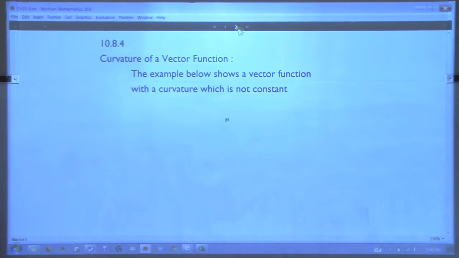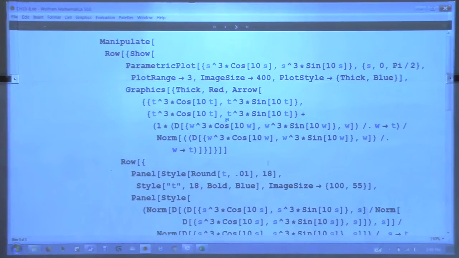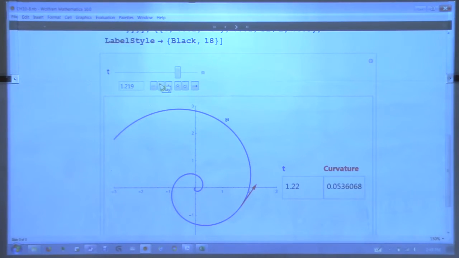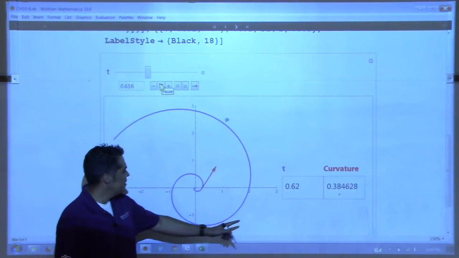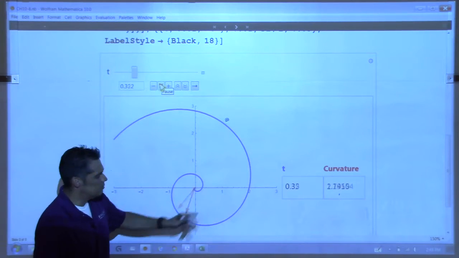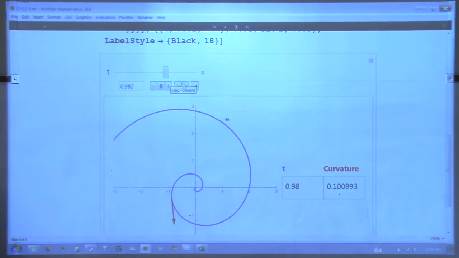Okay, so this was just a visualization to show an example of a vector function that has a non-constant curvature. So I have the computer calculating the curvature for us. And in the very beginning, your curvature is very large. So let me maybe slow this down. Back it up.